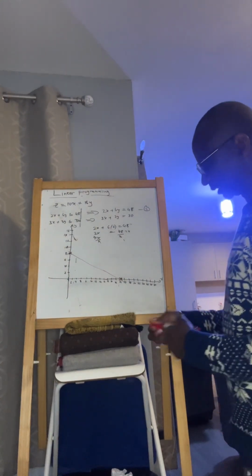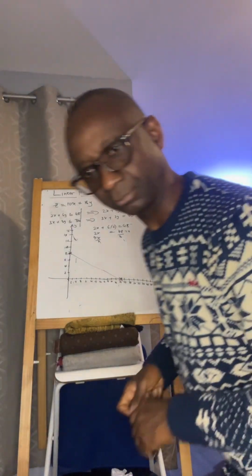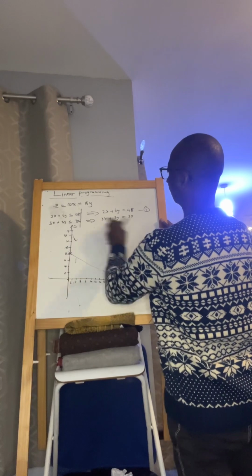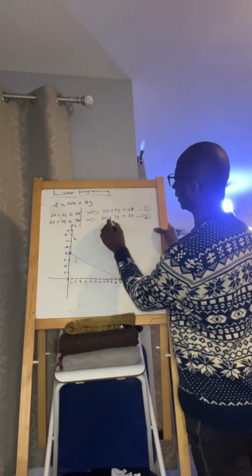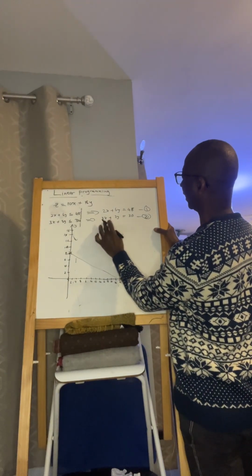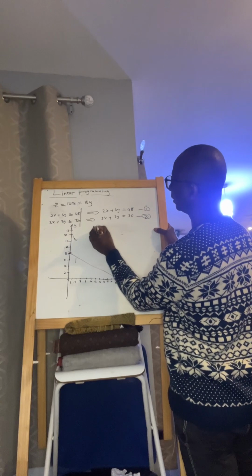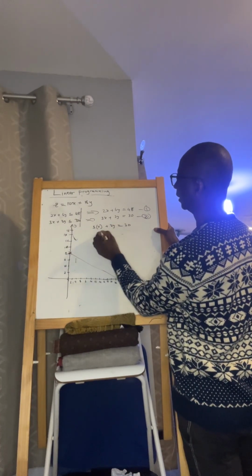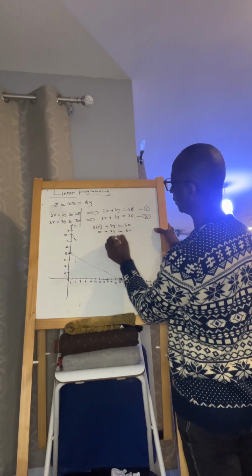Now let's consider the second problem. The second equation now says 3x plus 3y equals 30. So if x is 0, then you will have 3 times 0 plus 3y equals 30. So this is 0 plus 3y equals 30. So now you divide both sides by 3.